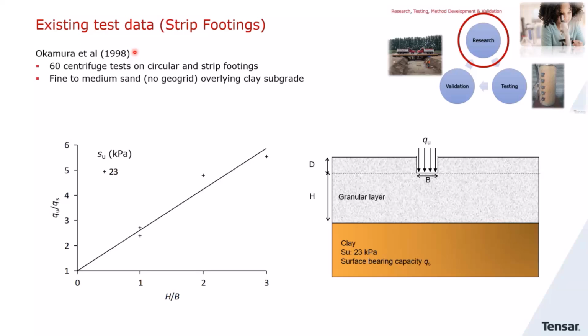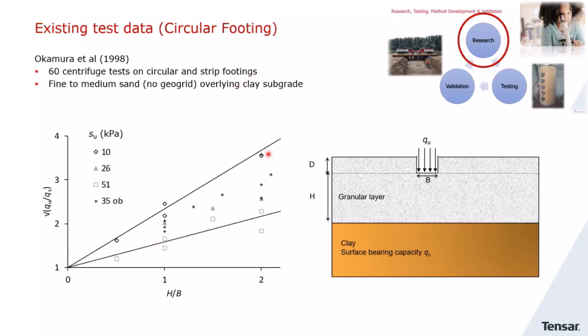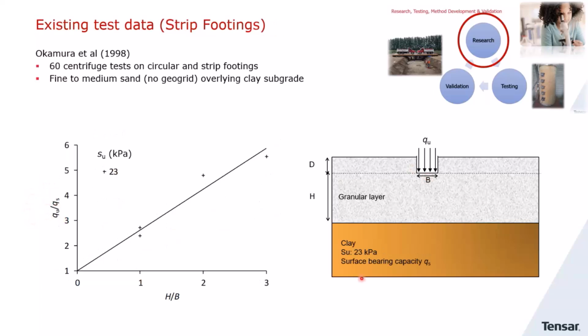so the thickness of the platform and the width of the acting force. And looking at some existing research from Okamura that was made in 1998 with 60 centrifuge tests on circular and non-circular strip footings, we were able to derive a linear relationship between the ratio of the height or the thickness of the cross-truck layer and the width of the acting force, so a crawler of a crane, and the ratio of the acting pressure and the bearing capacity of the subsoil.